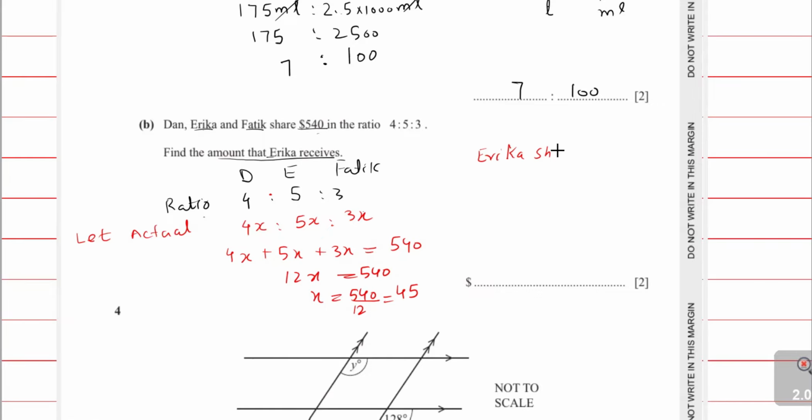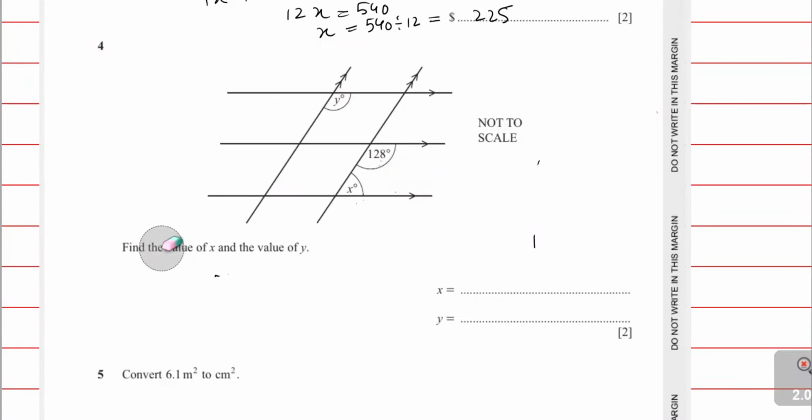Therefore Rika's share, in expression here is 5x, so we write 5 into 45, and this will be equal to 225, and 225 Rika received. This is the answer.